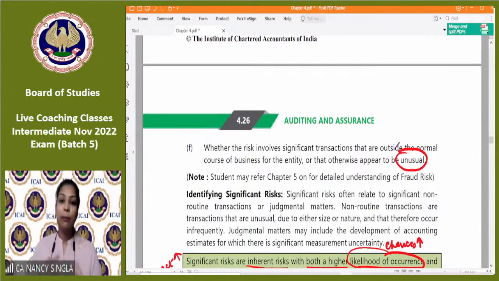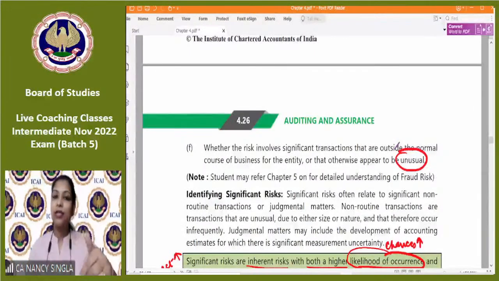Okay? So see, judgmental matters means whereby judgment is involved. See, how much provision is to be made depends upon management's judgment. There is no set rule that this company working in this industry will make 5% provision for doubtful debts. No, it depends upon management judgment and the circumstances of the company. So judgmental matters.